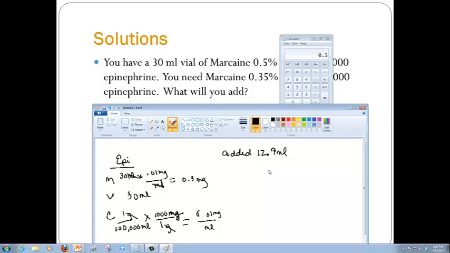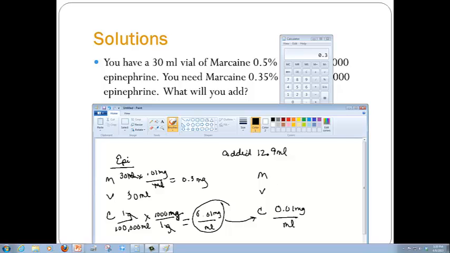So what do we want in terms of epinephrine in the final solution? Again, there will be a mass, a volume, and a concentration. The problem says we want the concentration to remain 1 to 100,000. So we can take this term and just transfer it over here: 0.01 milligrams in every milliliter.